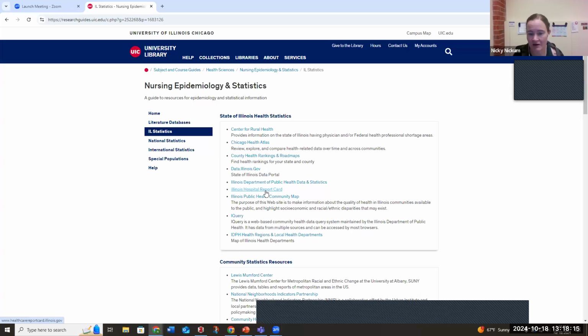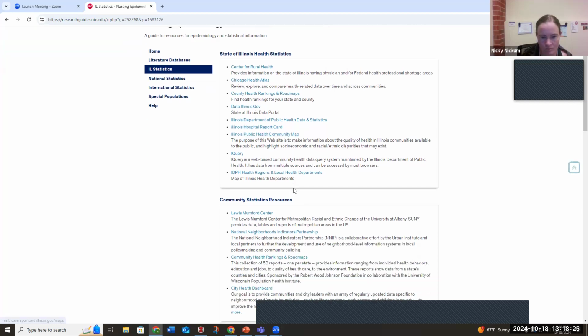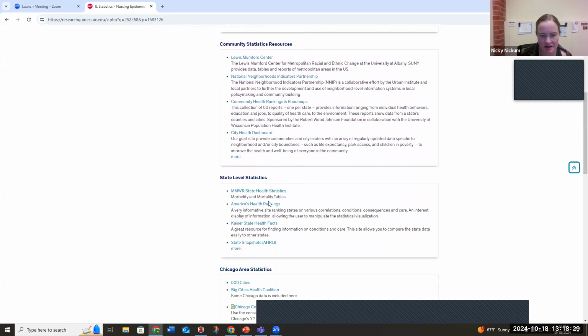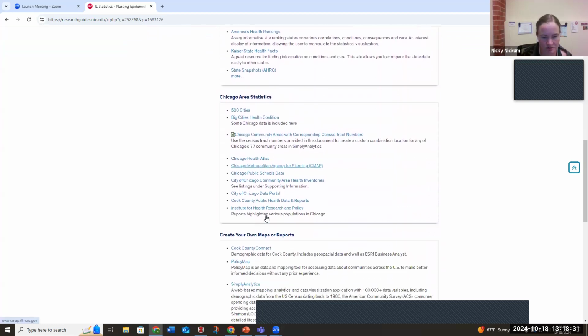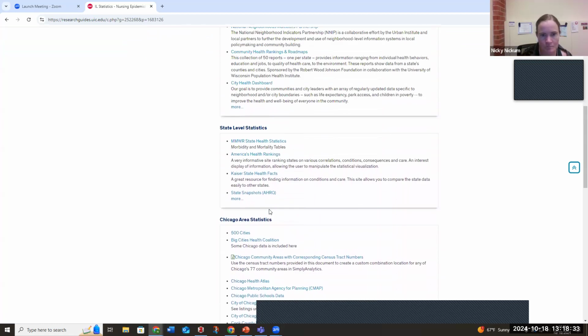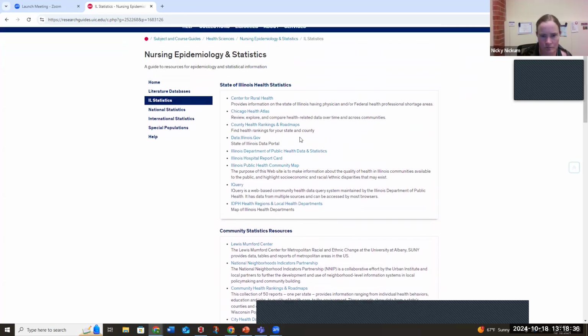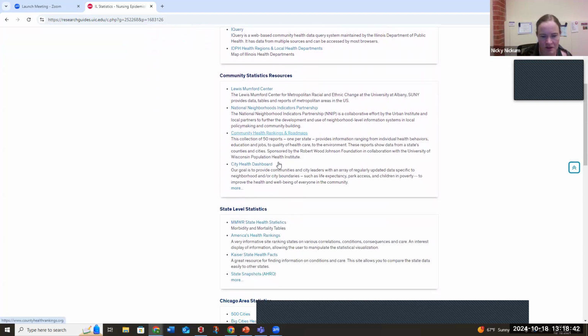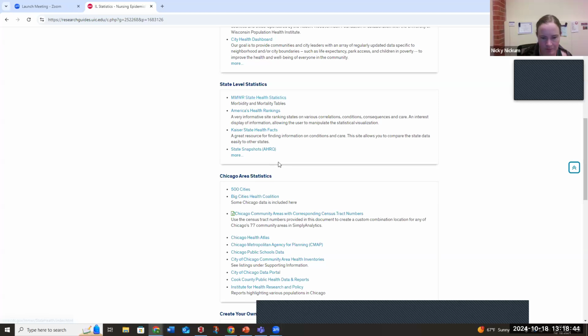This is great for comparing different hospitals, not just for patient care, but also maybe you're thinking about working at a certain hospital. So community statistics, state level, Chicago area. Okay, and there's a lot here. We'll only go over some of them.